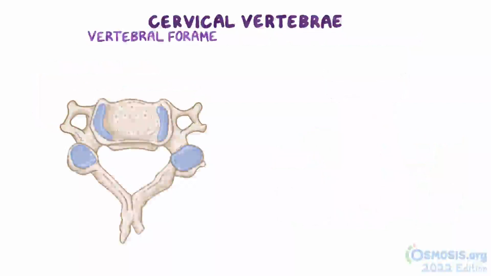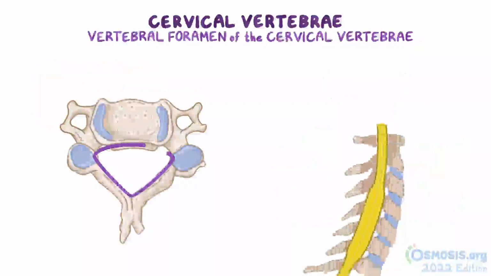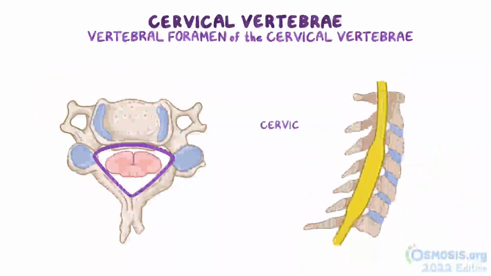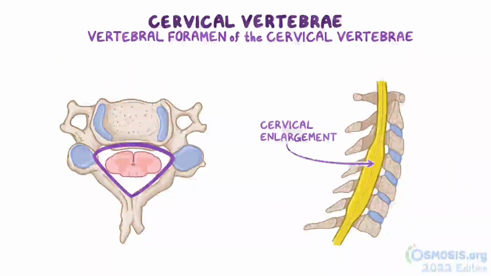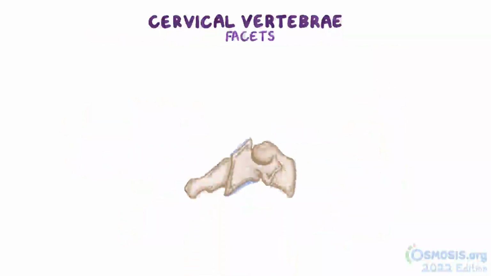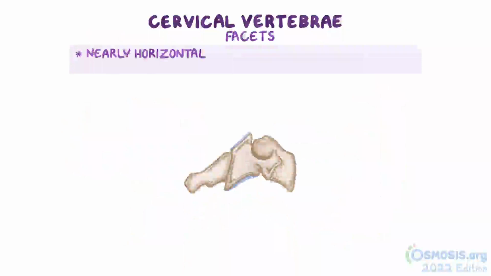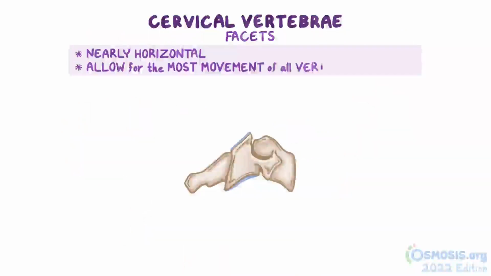The vertebral foramen of the cervical vertebrae is large and triangular shaped to accommodate the cervical enlargement of the spinal cord to fit through it. The facets on cervical vertebrae are nearly horizontal, and as such allow for the most movement of all vertebral regions.